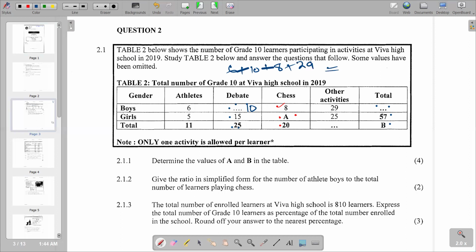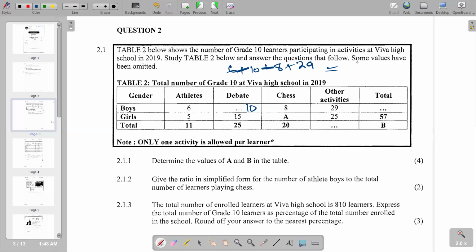Let's calculate that and see what we get. Here you get 53. You say 53 plus 57, and you get B is 110. So this is the calculation of B.